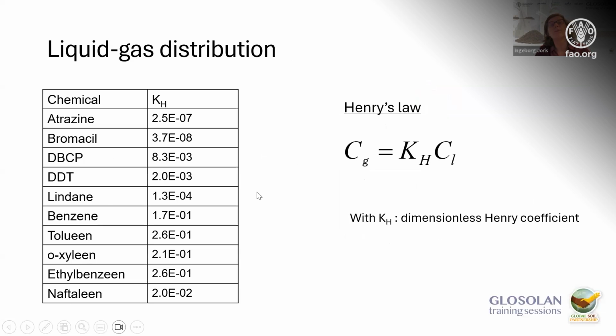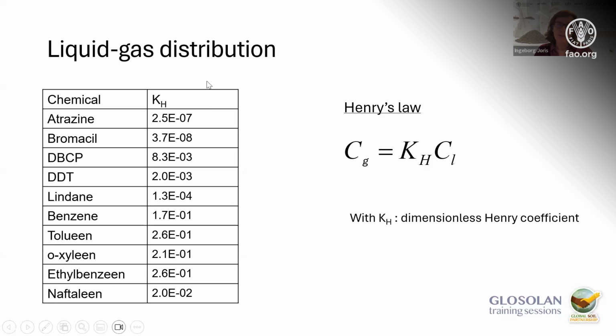This tells you if your solute has the tendency to go into the air phase. That's also important to know because if it goes into the air phase and you have a shallow soil, close to the surface, it can also come out of the soil. So you can have vapor intrusion in buildings, for instance, if you have a building there. So it's also crucial to know.